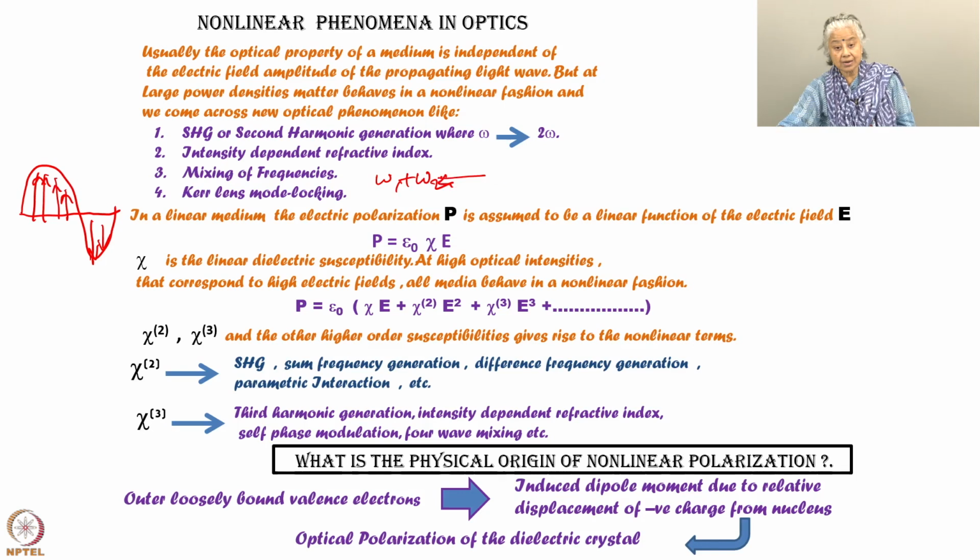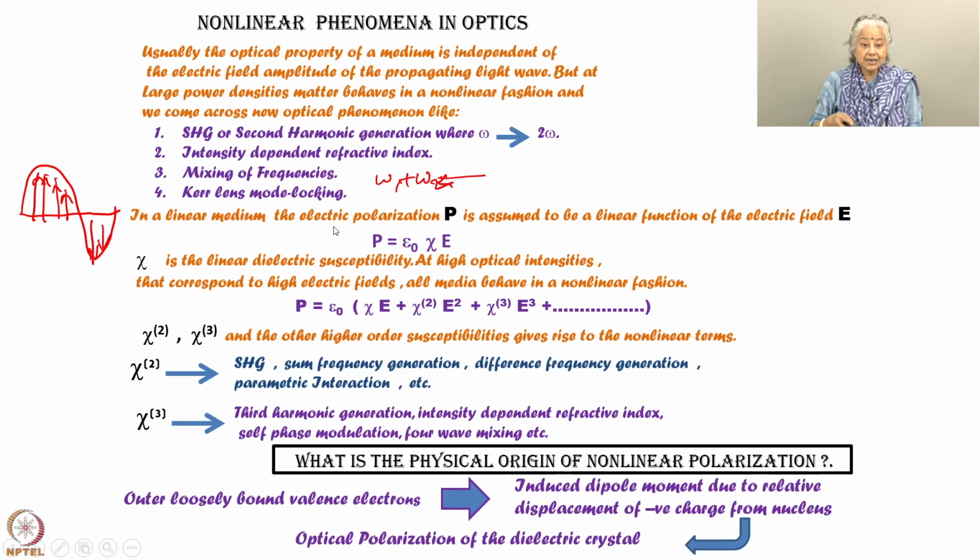Then you have the Kerr effect, which gives rise to Kerr lens mode locking. So, again another way of mode locking that happens, it is called Kerr lens mode locking. Only after you understand this phenomenon of the Kerr effect, will I describe this kind of mode locking behavior. Okay. So, this is in addition to saturable absorber, etc.